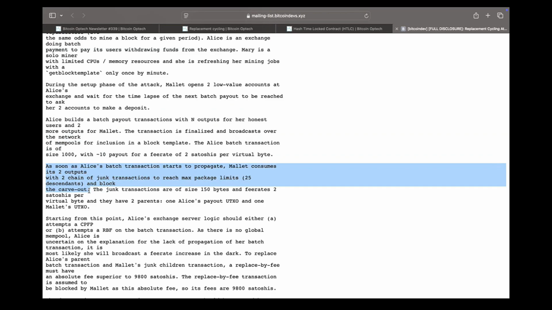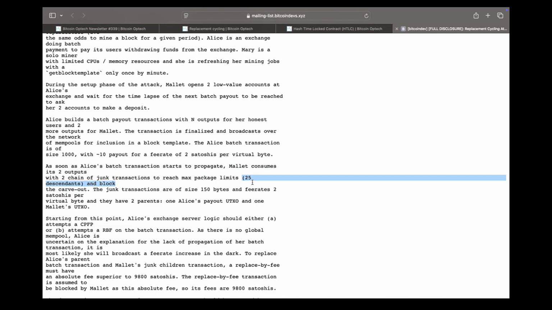So for you to broadcast a transaction, it's not necessary that its parent needs to be confirmed, right? You can broadcast a transaction even when that transaction is unconfirmed. You can create a child of that transaction, and that child is also unconfirmed. You can create another unconfirmed transaction, and you can keep on adding them till you reach the limit, which is currently 25 descendants, right?